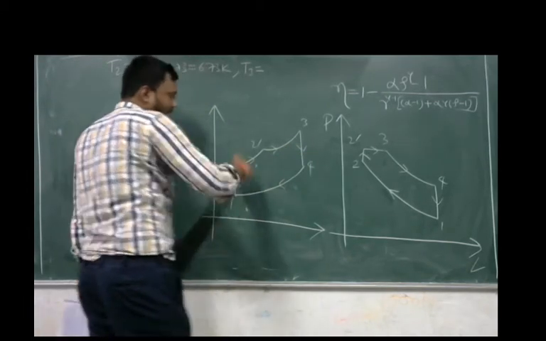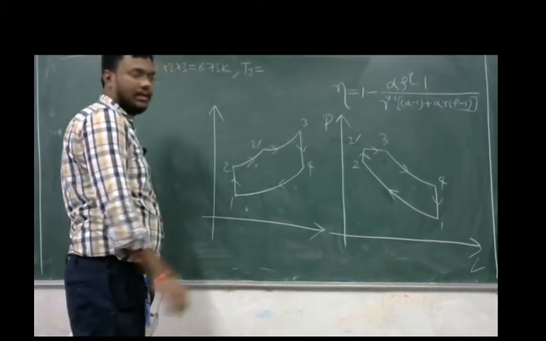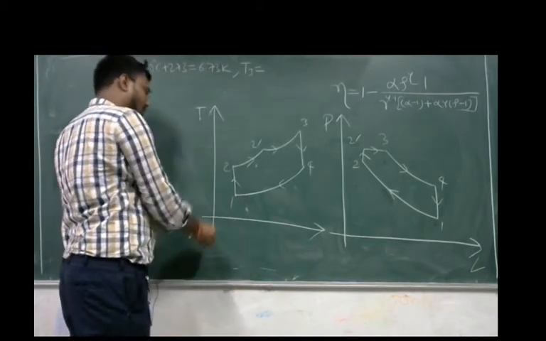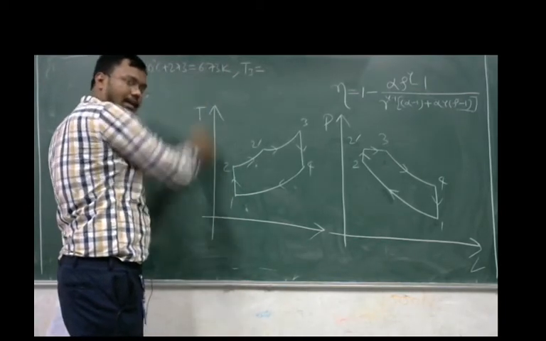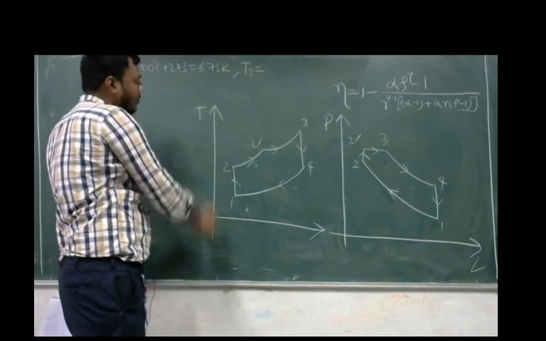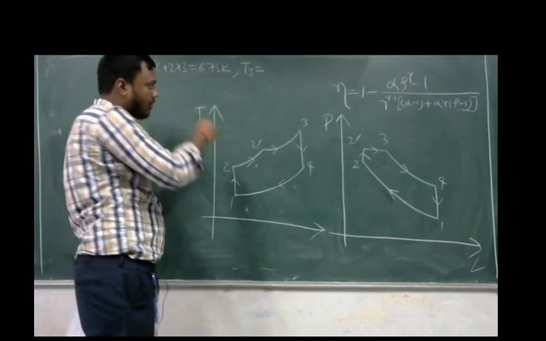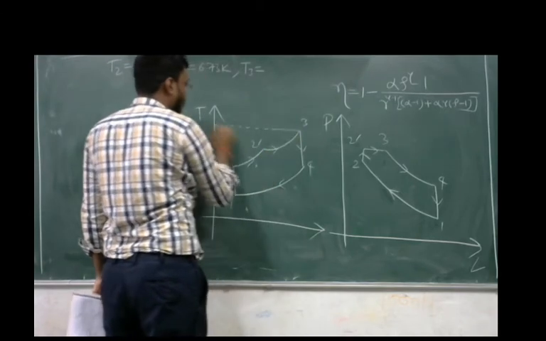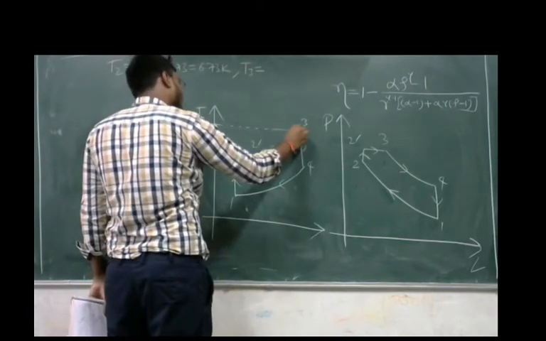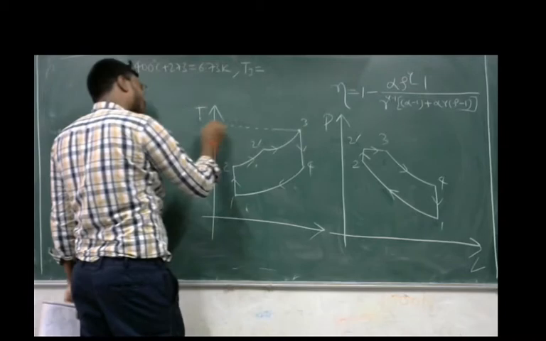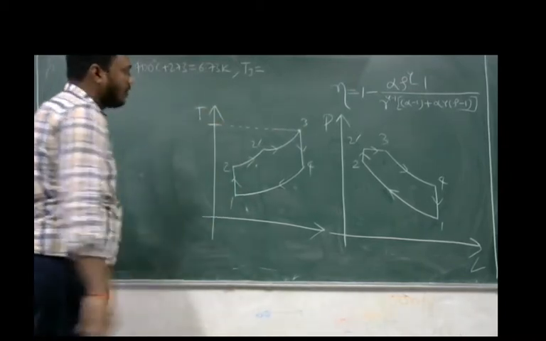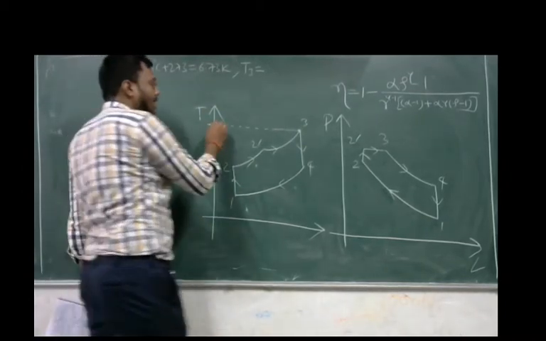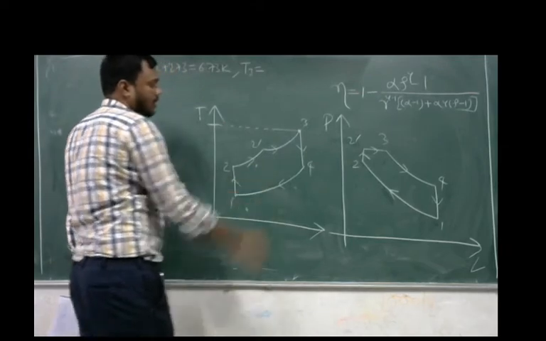From this diagram you can see the maximum temperature. On the temperature axis you can easily see that the maximum temperature occurs at point 3, the topmost point on the temperature graph. So the maximum temperature will be at point 3.